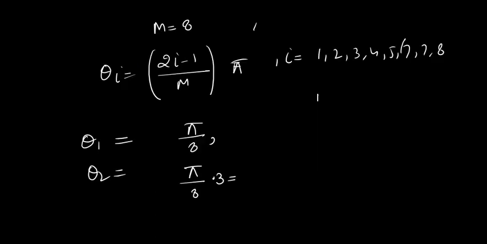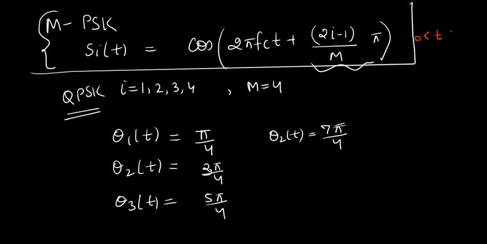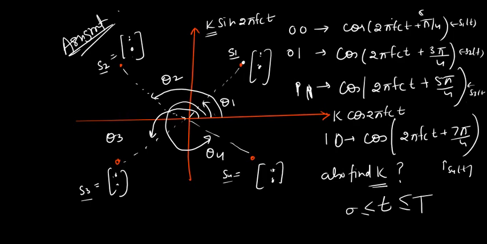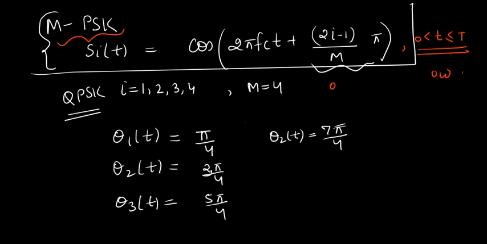So you can always write any M-ary PSK in this form, where t is between 0 and T, and 0 otherwise, only for this interval. Abhishek, is it clear what I did here? See, for M equal to 4, this is the mapping. So I am just defining a very general mapping which applies to any M. You understood my point?